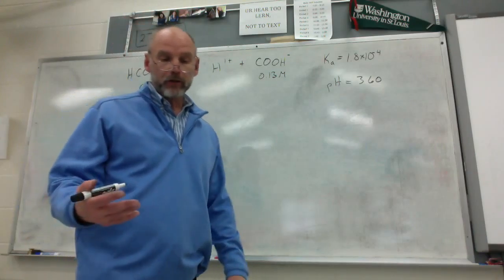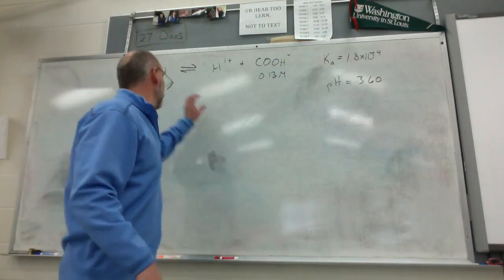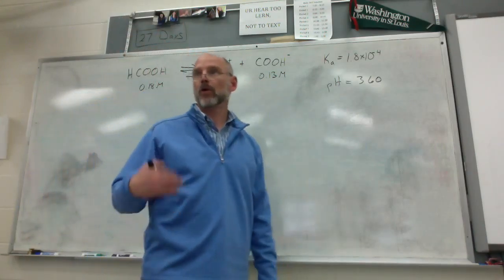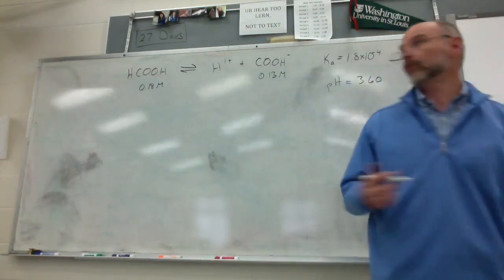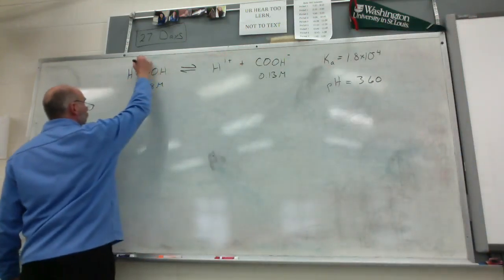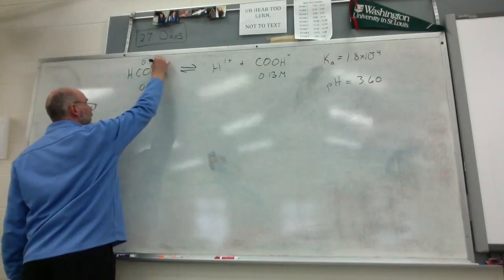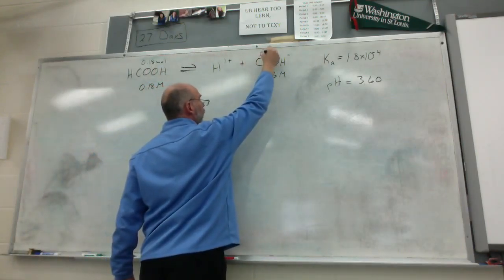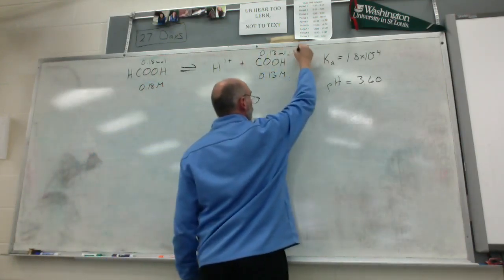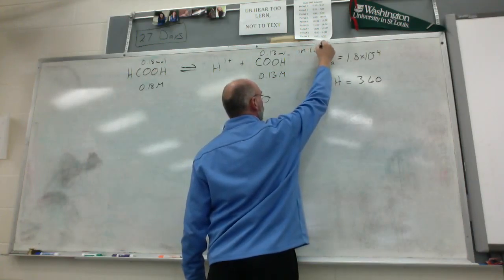Okay, now, if I remember correctly, I set number 6 up in such a way that, yes, it was 0.18 molar and 0.13 molar, but the way I'd originally set it up was 0.18 moles and 0.13 moles, and I told you it was in 1 liter of solution.